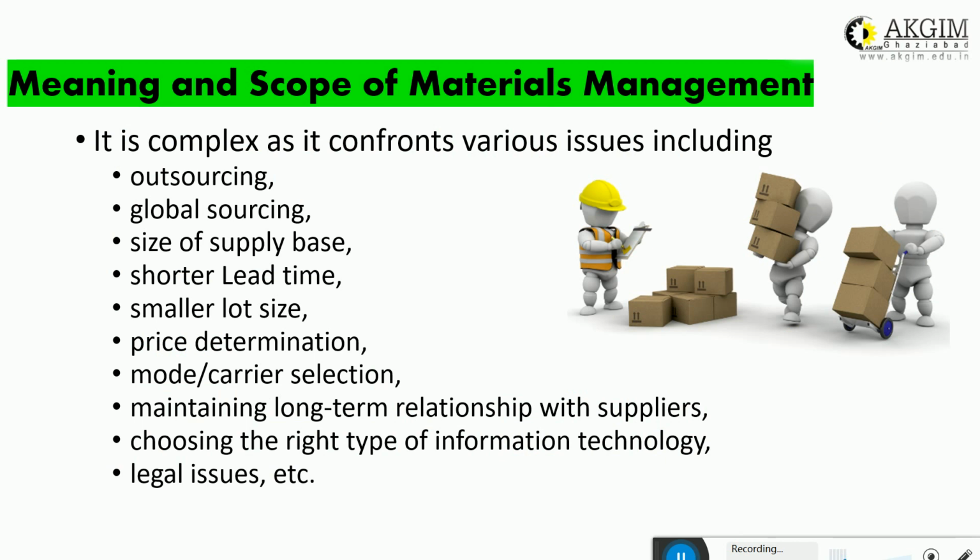Then the very objective of supply chain management or material management is to shorten the lead time and lot size, then determination of the price, then mode or carrier selection through which material needs to be transferred from one place to another, then maintaining long-term relationships with the supplier, choosing the right type of information technology, and all the legal issues and the documentation part that is required during this entire process, right?